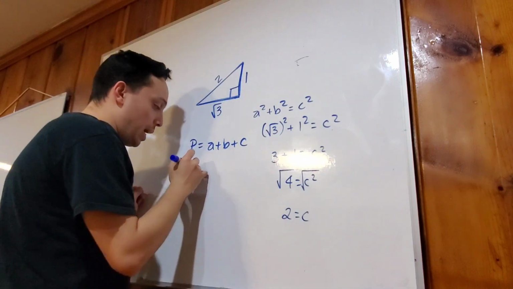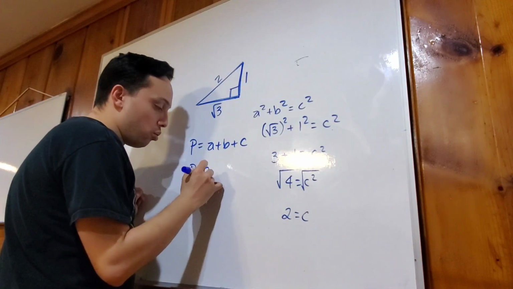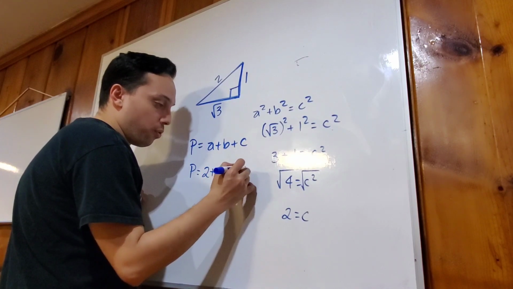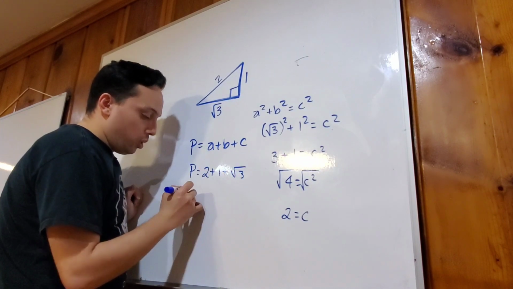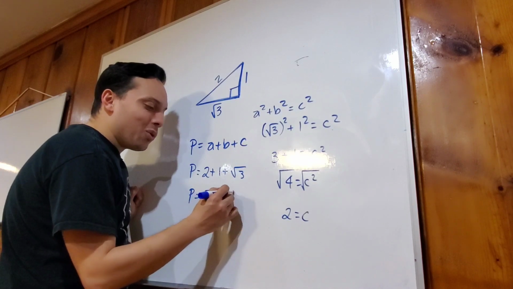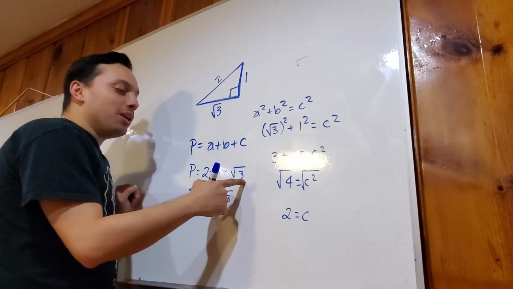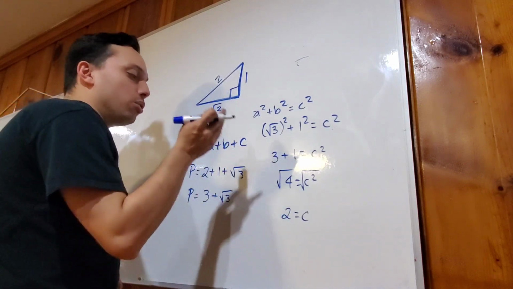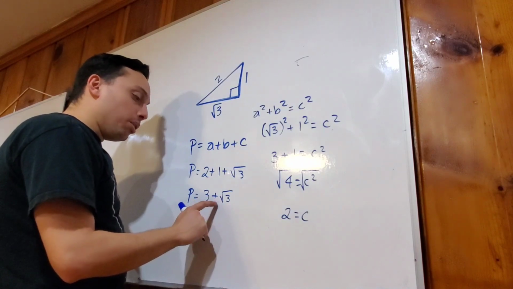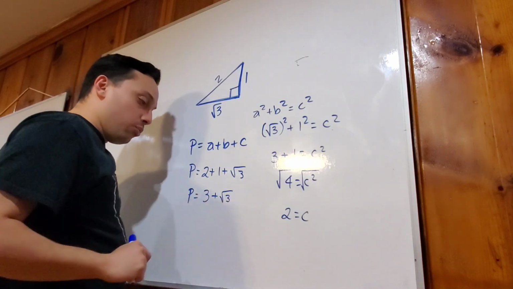Now we're going to add, so the perimeter is going to be 2 plus 1 plus square root of 3. Well, 2 plus 1 is 3, plus square root of 3. The reason we can't do anything more is because I told you, treat the square root like a variable. So 3 plus square root of 3 is just going to be 3 plus square root of 3.